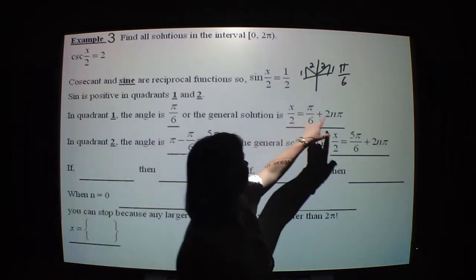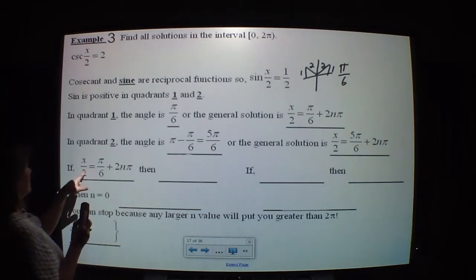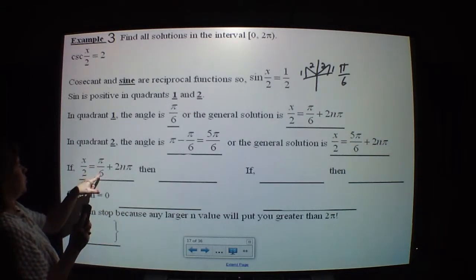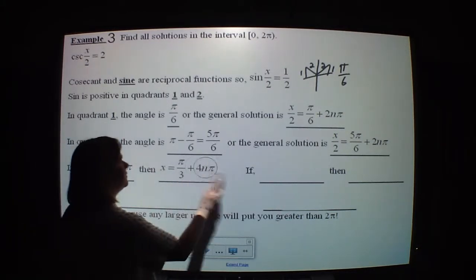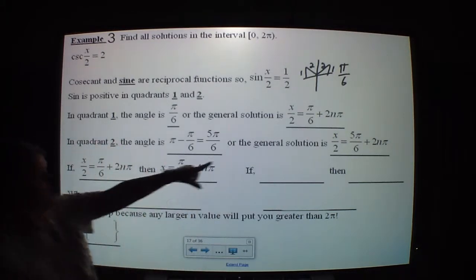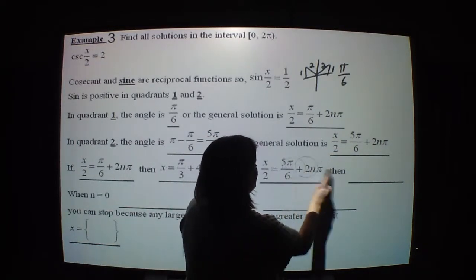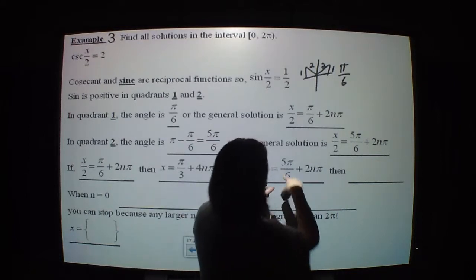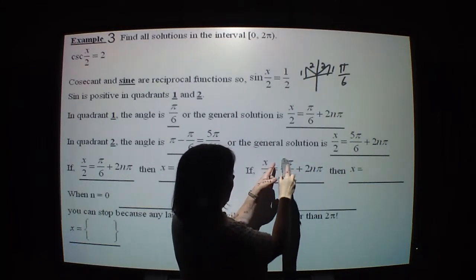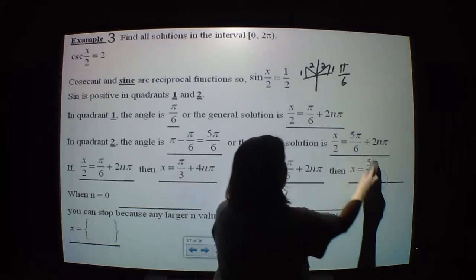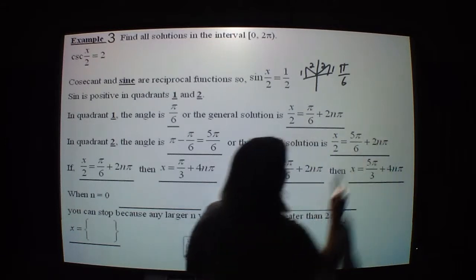So if I multiply by 2, x is equal to 2 pi over 6, which is pi over 3, times 2, which is 4 pi n. Multiply by 2. I have x, if I multiply this by 2, is equal to, multiply that by 2, I have 5/3 pi plus, multiply by 2, I have 4 pi n.